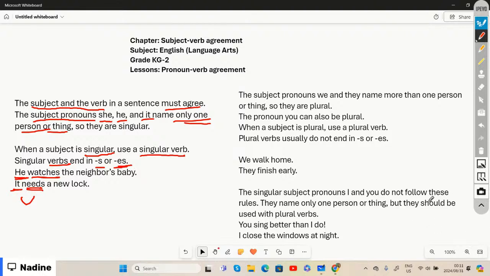All right. So that is basically where we talk about the subject agreeing with the verb, singular as well as plural, right? So now we're going on to the subject pronoun.